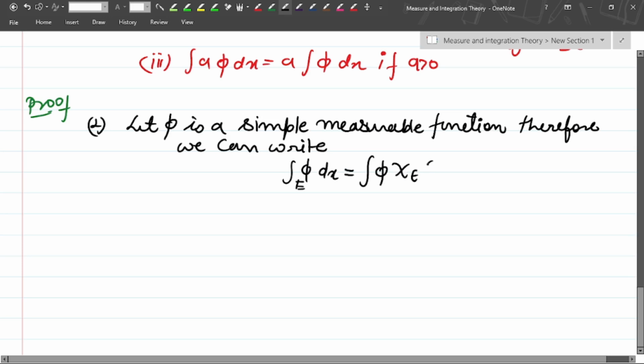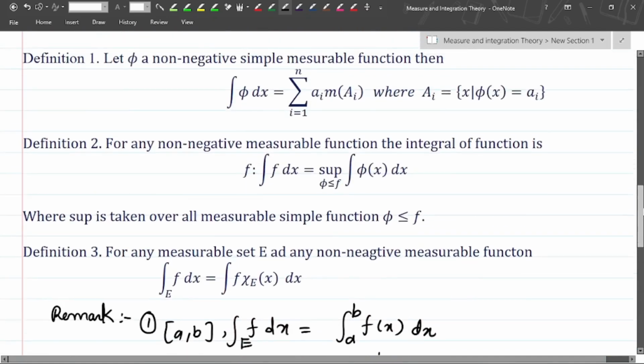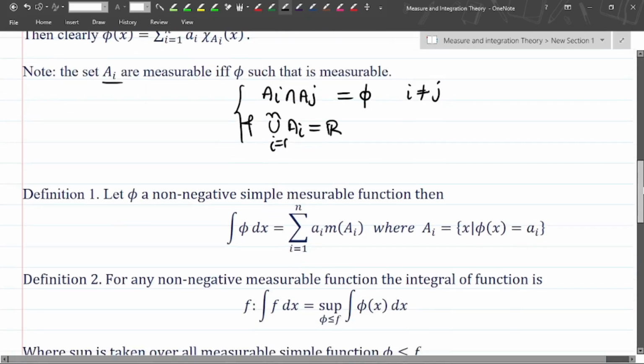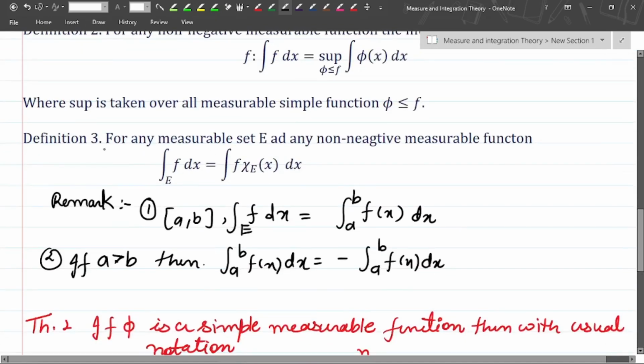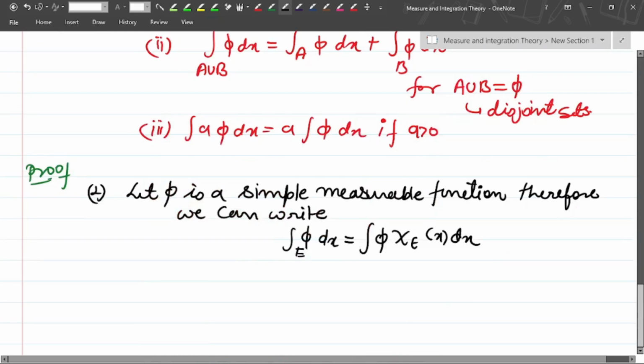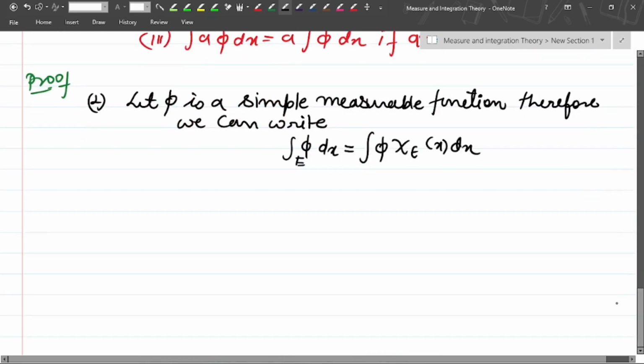This is the property that we have used here, by the third definition: if we have a measurable set and we are integrating a measurable function, then it will be equal to the multiplication of the function with the characteristic function. Let g be equal to phi times chi of E.